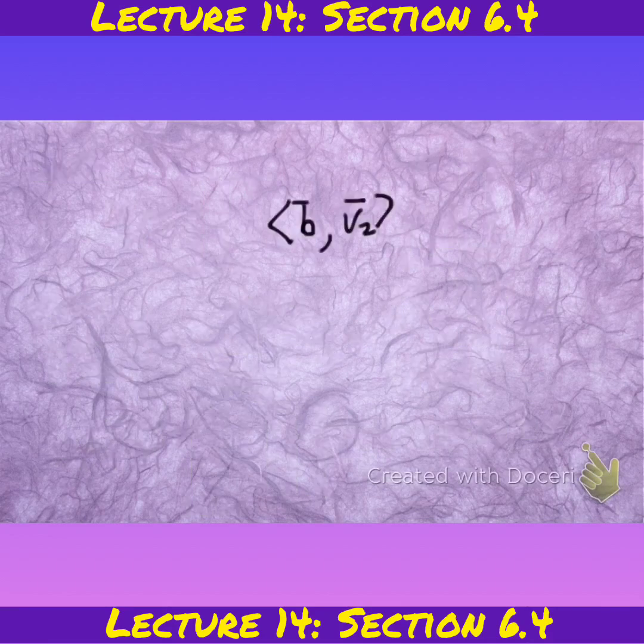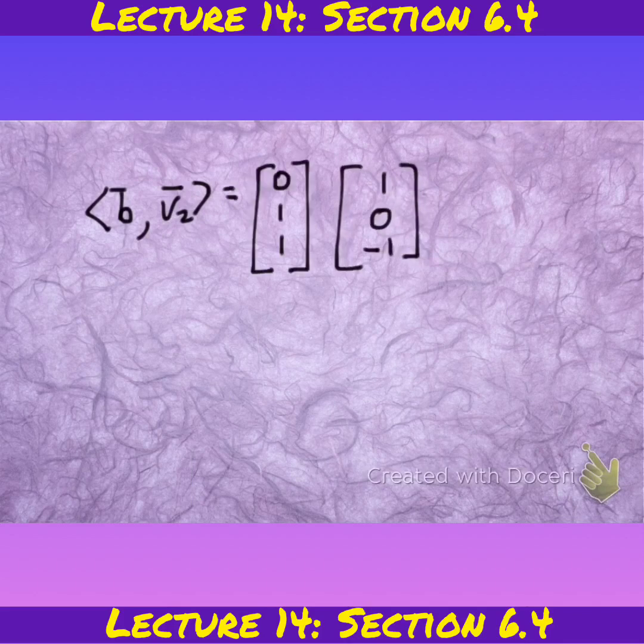Right, so the next one we're going to take B, we're going to take the dot product with the vector V2, and that is going to be -1.